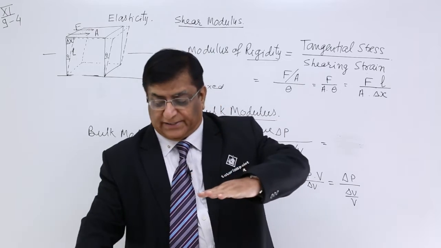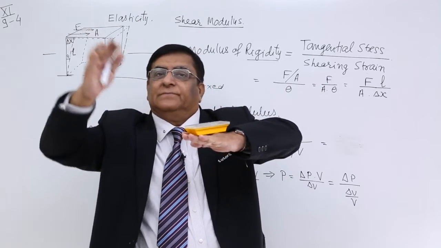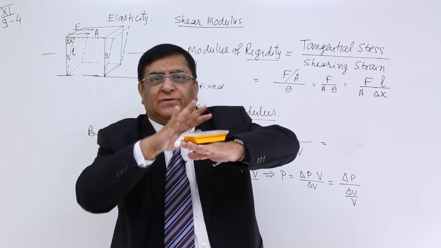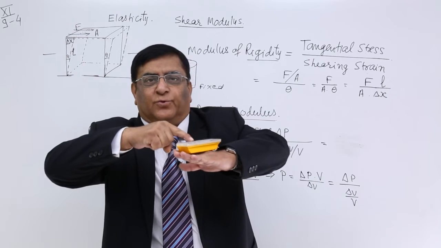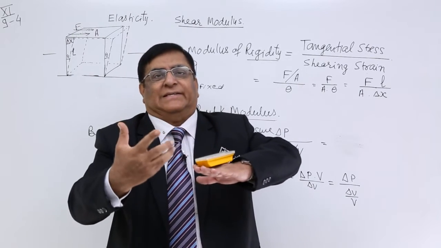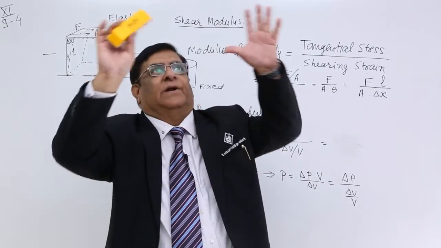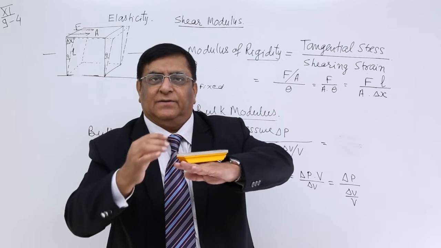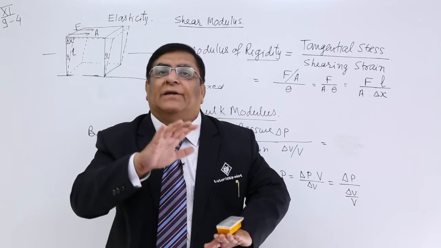There is already a certain pressure here because of the atmosphere. Everywhere there is a pressure. Now if I want to apply force here, I press it this way and the pressure increases. Suppose earlier the pressure from all the sides due to atmosphere is 100. I put it in the water and this pressure becomes 120.